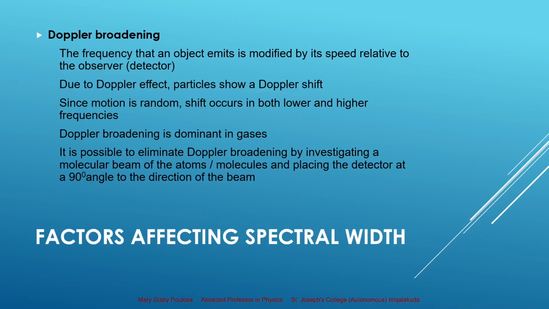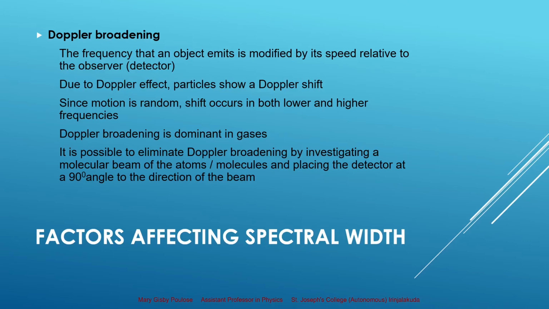If the atoms in the sample are moving towards the spectrometer, their frequency will be observed to be increasing. If the atoms in the sample are moving away from the spectrometer, their frequency will be observed to be decreasing due to this Doppler effect.